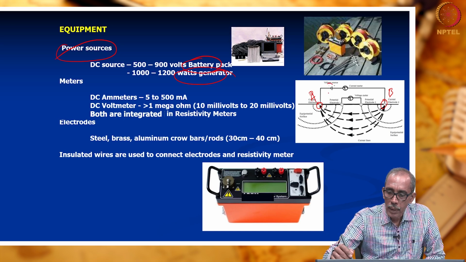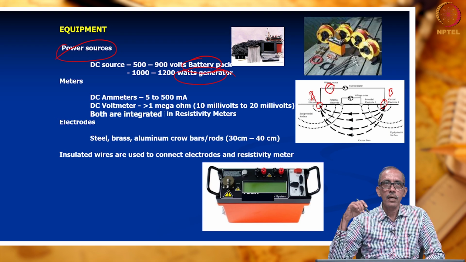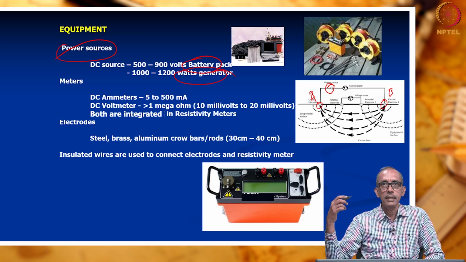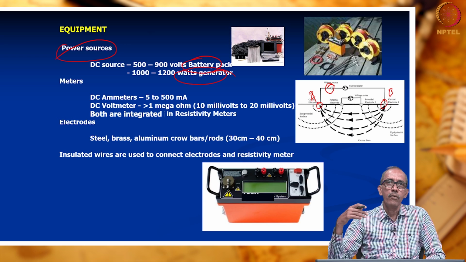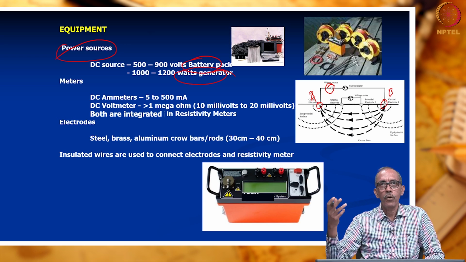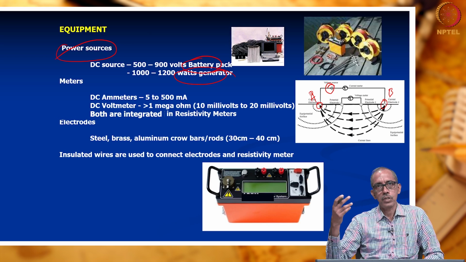So we need a battery source, that is a direct current, or we can also use a generator to apply alternating current, but very commonly we use a battery. It is so portable and very easy to carry, isn't it? In more than 99% of surveys, we use only a battery as a source.